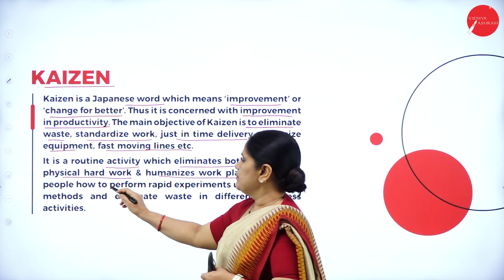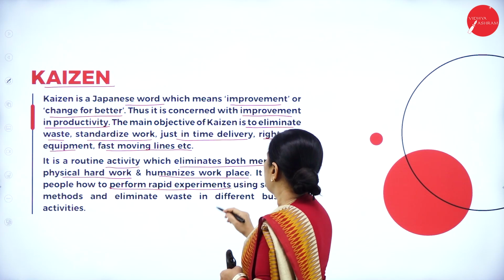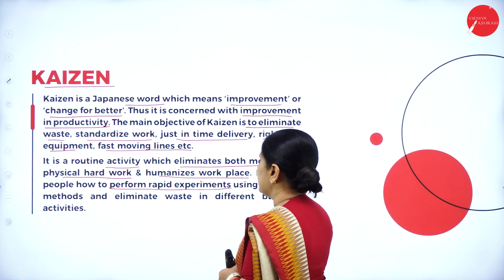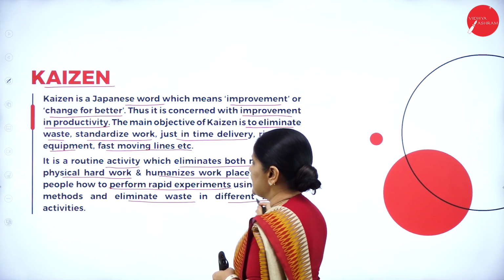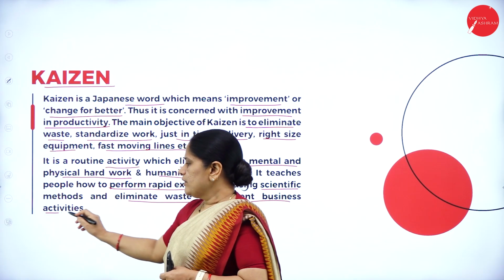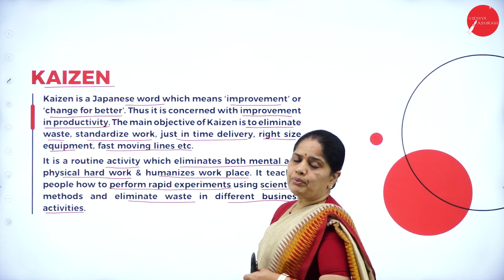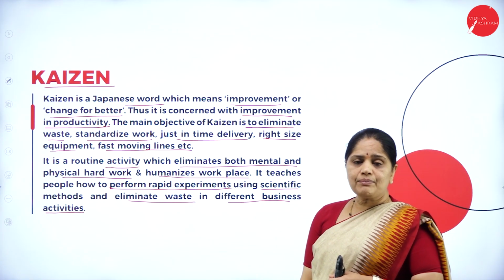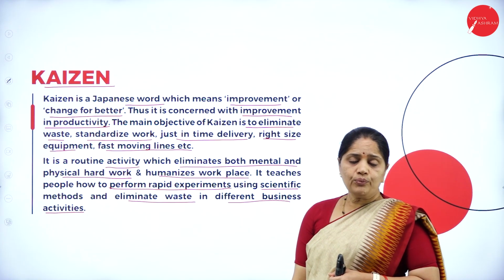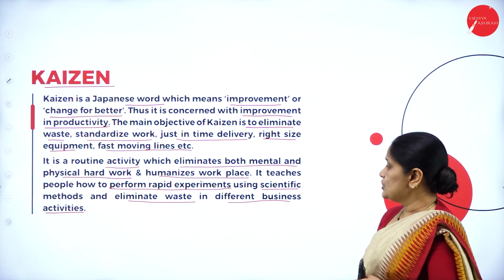It teaches people how to perform rapid experiments using scientific methods and eliminate waste in different business activities. So it is through observance. You keep on observing how the people are doing the job and think about the various methods, how better they can do each of the jobs.